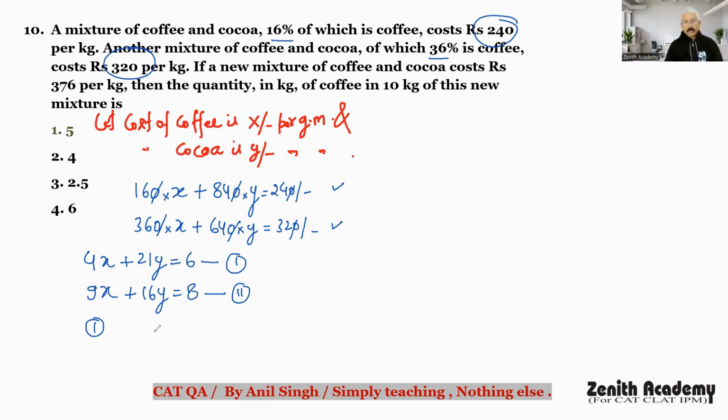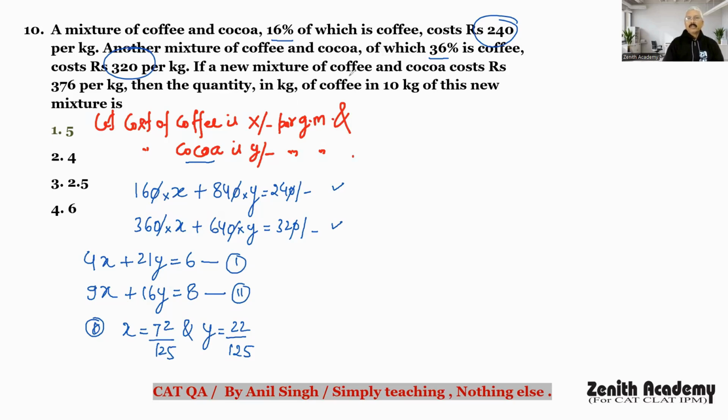So after solving it we will get... I am not solving this here, you can do it yourself. I am telling you x will be 72 by 125 and y is coming 22 by 125. So x is 72 upon 125 rupees per gram cost of coffee, and y is 22 upon 125 rupees per gram cost of cocoa.